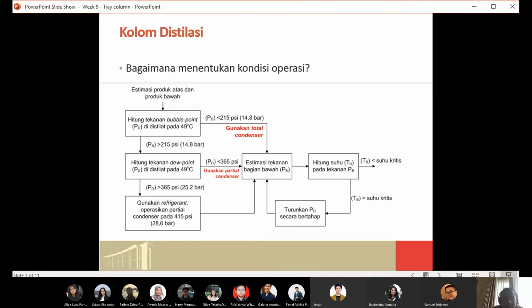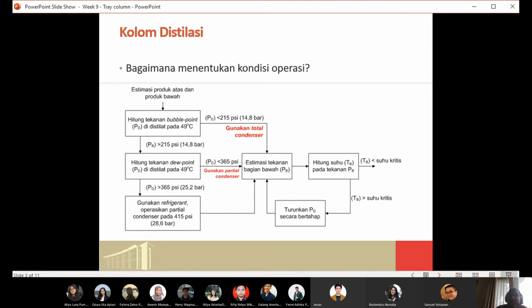The first thing that you have to know is the bubble point pressure. This is very important, because by knowing the bubble point pressure, you will know how to condense your product.